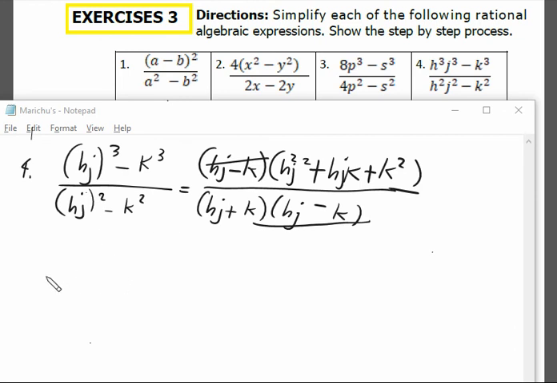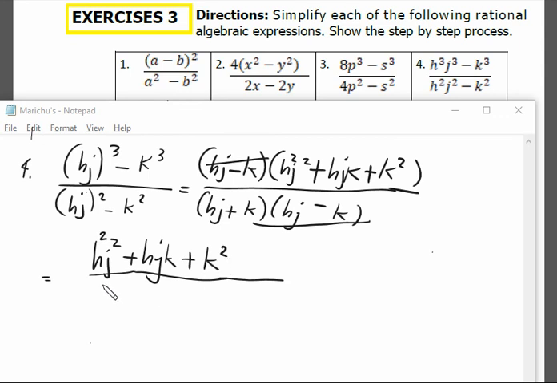So the final answer is h squared j squared plus hjk plus k squared all over hj minus k.